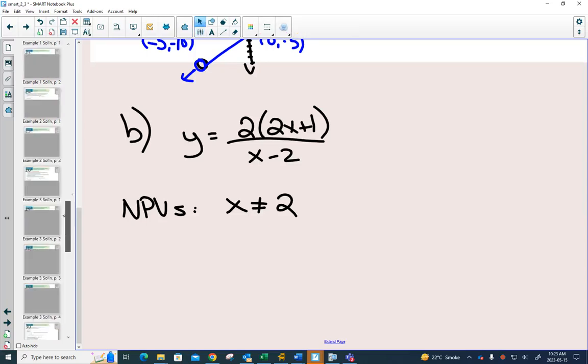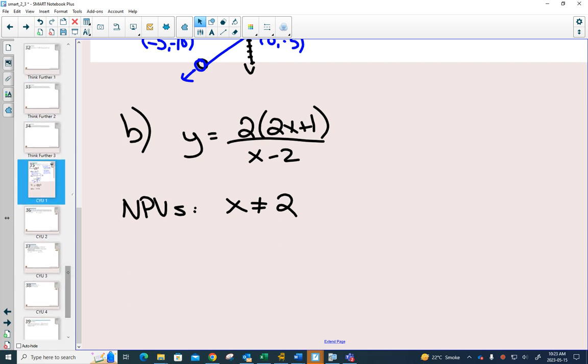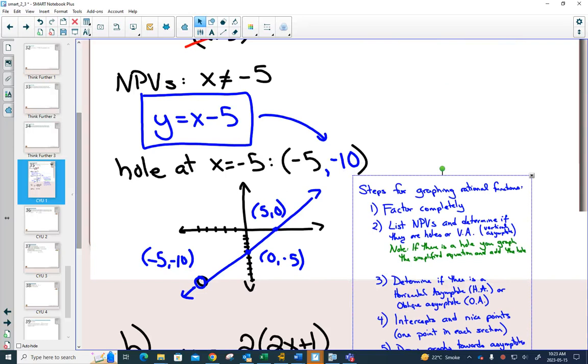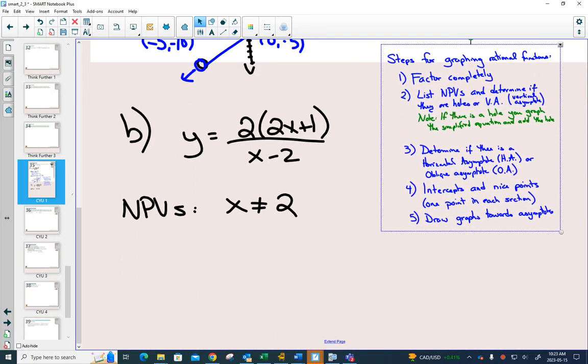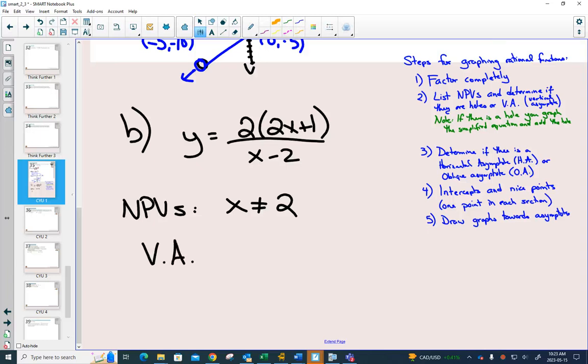I'm just going to steal our steps so that we can see them as we're going here. So we factored completely. We listed our non-permissible values. Since it doesn't go away, we have a vertical asymptote at x equals 2.